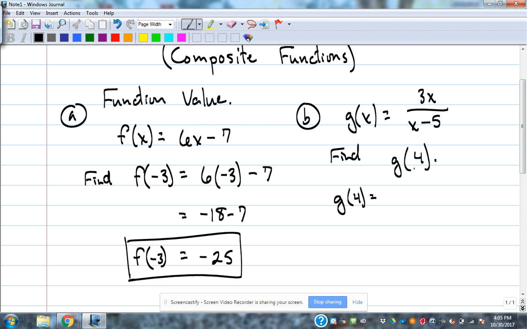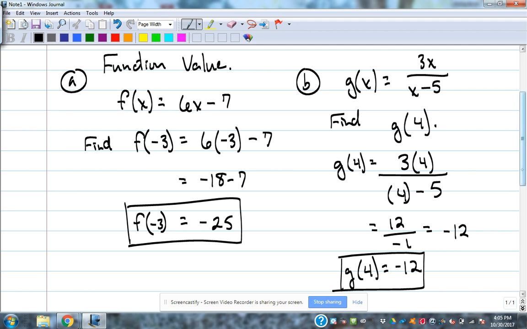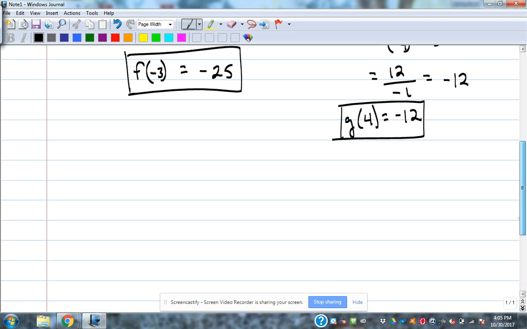Plug it in. Just one spot or every spot? Every spot. Be careful of that, don't forget. Hey, that 4 goes in that other x area as well. 3 times 4 is 12. 4 minus 5 is negative 1, so that ends up being negative 12. So g of 4 is negative 12. Function value. Really easy thing, but important as a basis for composite functions.